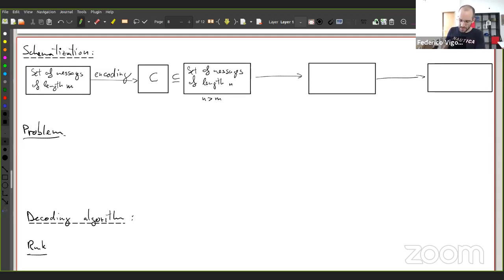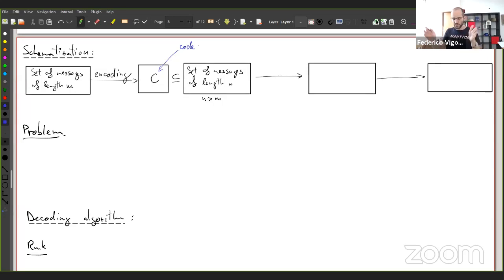Basically, we are selecting a subset C of the set of all messages of length n, so that each element in this set C corresponds uniquely to one message of length m. This is the encoding procedure. And actually, this subset is called the code. So a code is just a choice of a subset of messages.